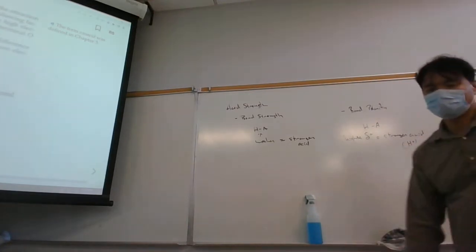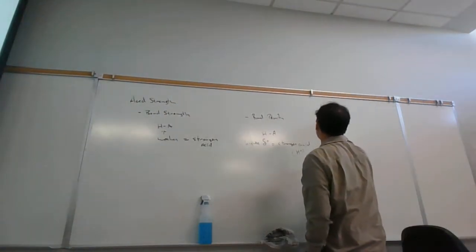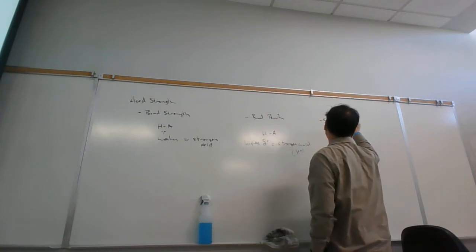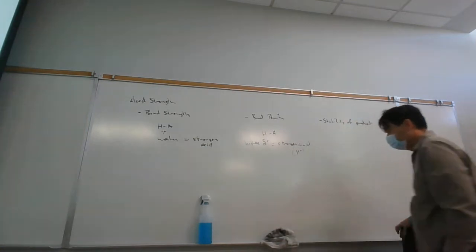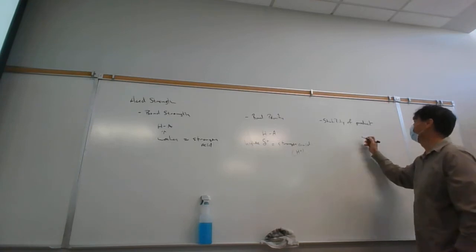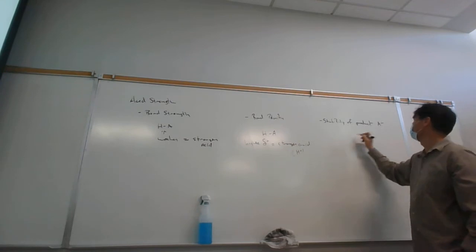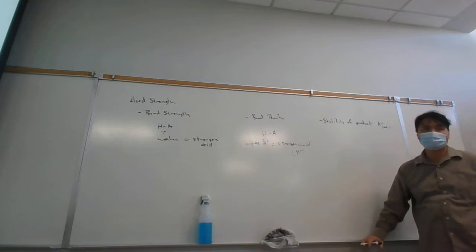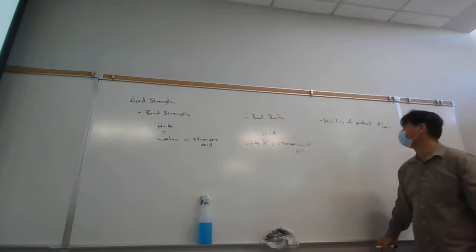And then finally, it depends on the stability of the product. Well, the products are going to be 2 products: hydronium, which is the same for all of them, and A minus. A minus would be the conjugate base, and it's going to be A minus aqueous. And so the more we can stabilize A minus aqueous, the more downhill it'll be, the stronger the acid.